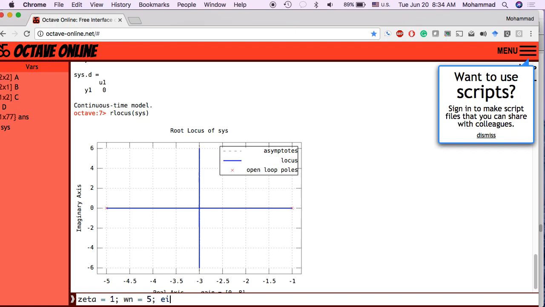And we know the two eigenvalues, EIGs, are located at minus zeta times omega n plus j times omega n times square root of 1 minus zeta squared. That's the first of the two eigenvalues. The second one is minus zeta times omega n minus j times omega n times square root of 1 minus zeta squared.